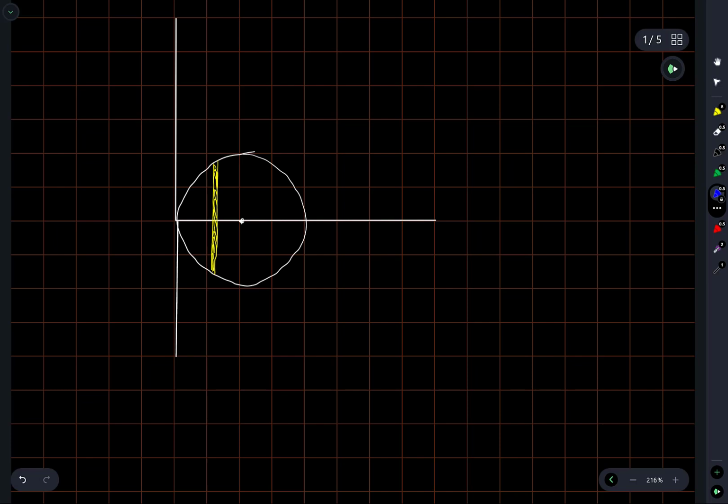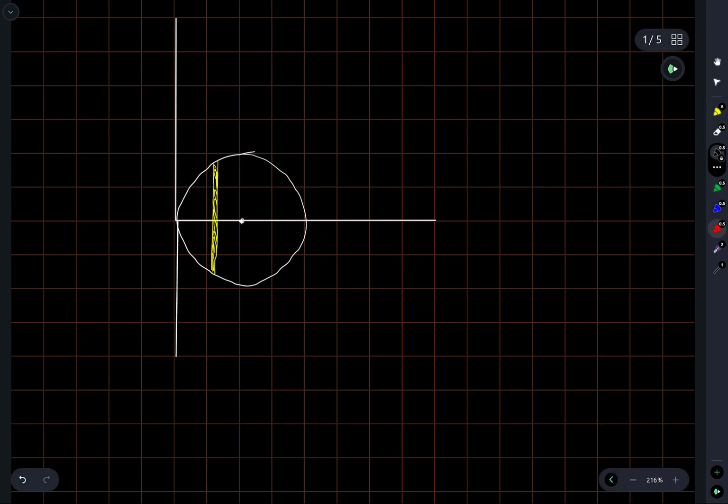When that gets rotated around the y-axis, that's going to sweep out a shape of a hollow cylinder, and we can compute the infinitesimal volume of that cylinder, and then just integrate between the necessary bounds.